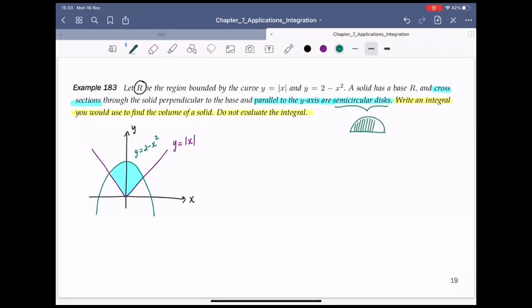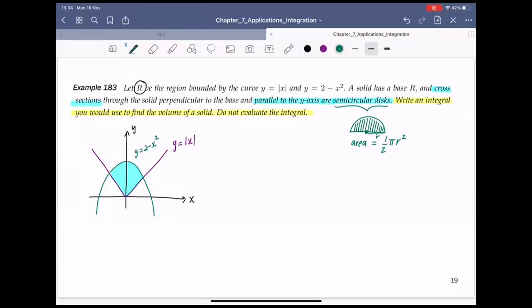What is the area of the semicircular disc? The area of a circle is pi r squared. So the area of the semicircular disc is going to be 1/2 times pi r squared, because if you have the radius r, your area is just pi r squared over half, because this is a half circle.